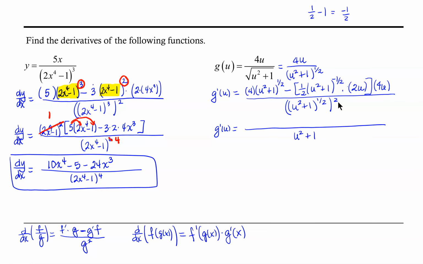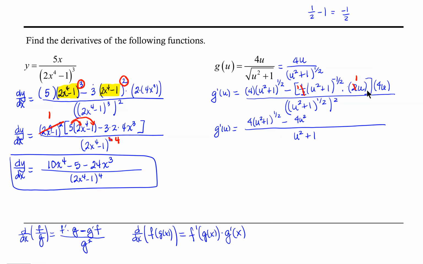And now let's look at our numerator. We have 4 times u squared plus 1 to the 1/2 power. Over here in our second term, looks like we have a 1/2 times a 2. Those multiply to give us a 1. So it looks like in our second term that we have negative 4u and another u, so u squared.